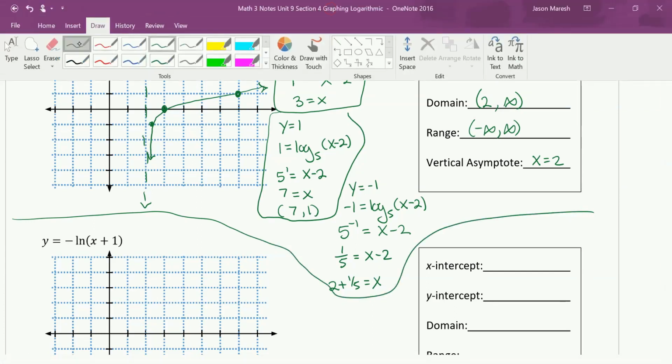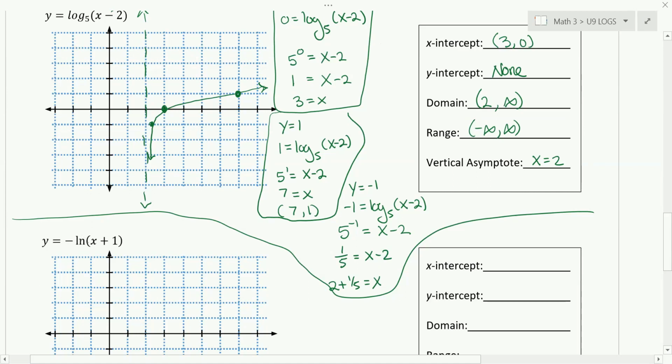Now our next one, it says ln, but it's still a log. With what kind of base? E. What's different here, though, is it's got a negative out in front. And that negative is going to reflect this graph. So it's no longer going to increase, it's going to be decreasing. Okay?